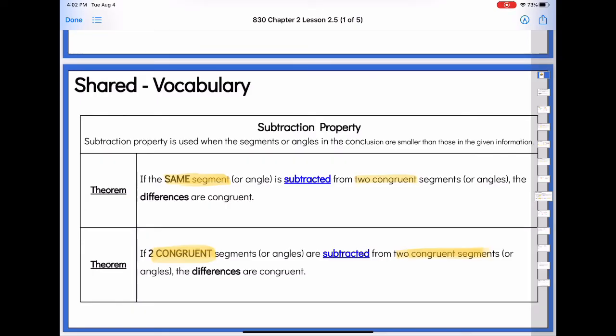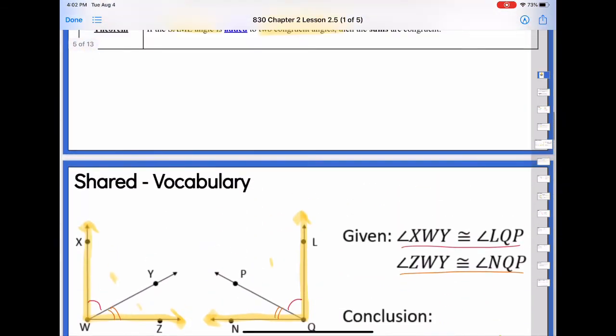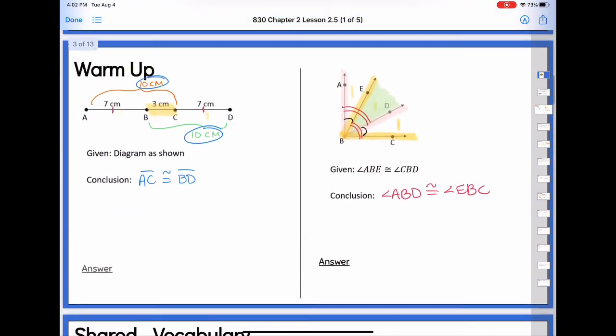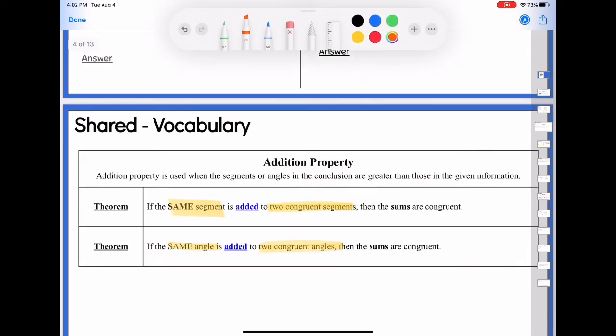And we have pictures that go along with each. So you need to make sure that you understand when I am going to be using addition and when I am going to be using subtraction, right? Hopefully your math brain helps you logic that one out, but I wrote it up here. We didn't focus on it till right now on purpose.